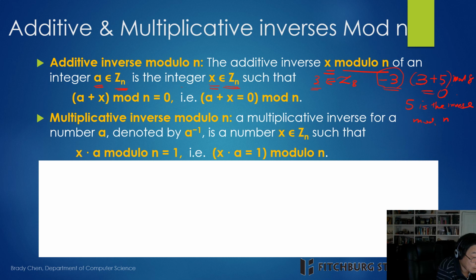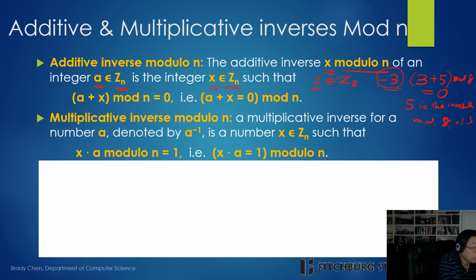You can go back to check the table for Z8.